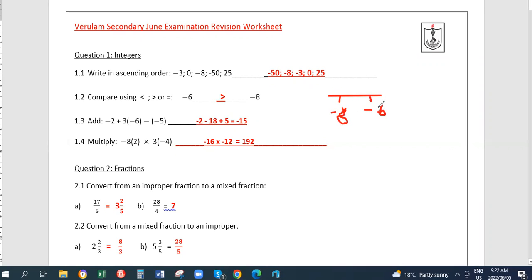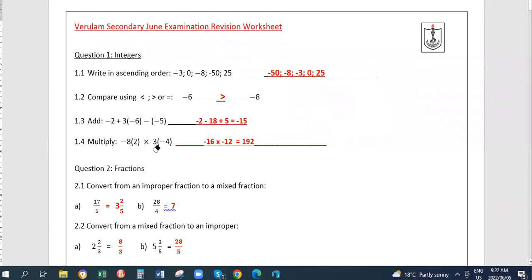So your -8 is lower down than your -6. So -6 is greater. If you're looking at this, -6 is larger than -8. There's your greater than sign, because we have to compare -6 with -8, and -6 is larger.